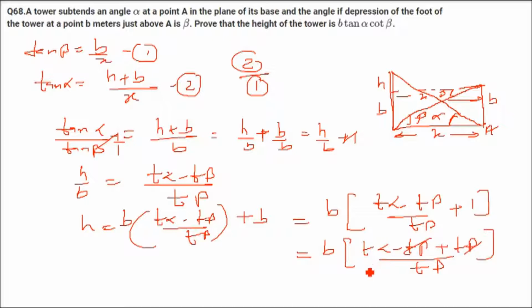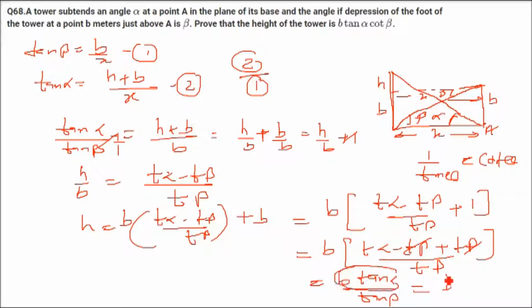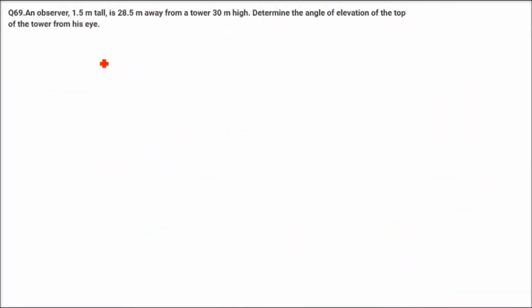Tan beta gets cancelled, and this is going to be B tan alpha by tan beta. But if you see, 1 by tan theta is cot theta. So 1 by tan beta I can write as cot beta, and this remains the same: B tan alpha. So this is your H plus B, that is your capital height H. This is B tan alpha cot beta, which is what was wanted.